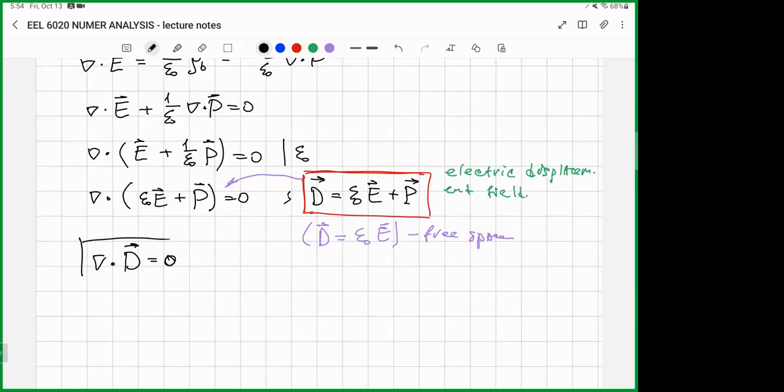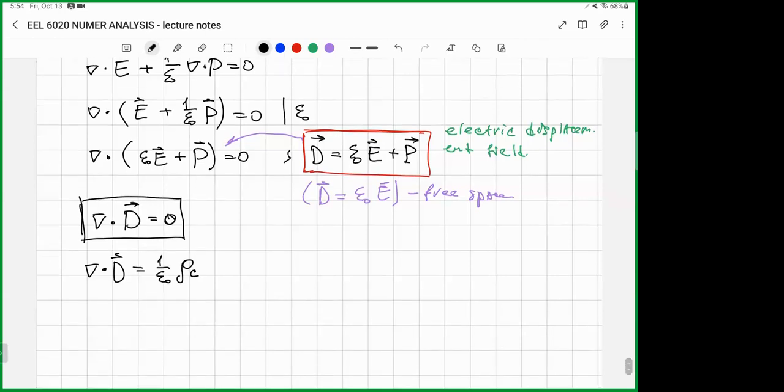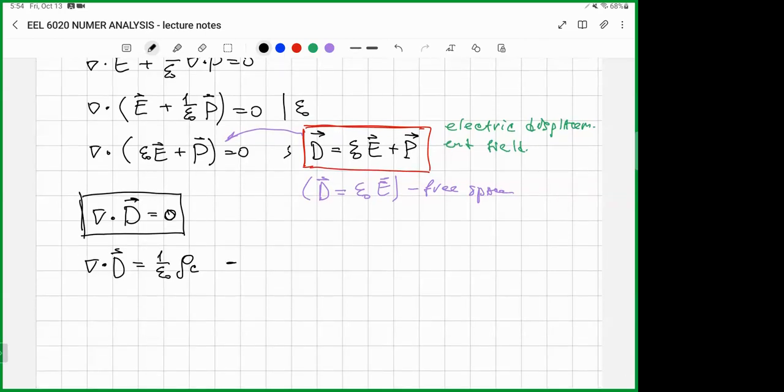So this is the first Maxwell equation that is fair for dielectrics. If the system still has some amount of free charges, then I would write it the same way, but adding a term for free charges. So this is true for any system.